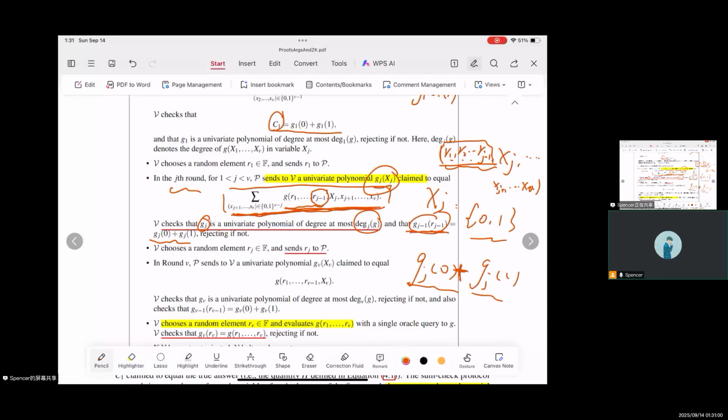So after x(j-1) is given by this r(j-1), only the others can be variables. And for this Gj polynomial, xj is the univariate variable, and it has the input 0 or 1. So after we take these two inputs and add them together, we can obtain the previous value.